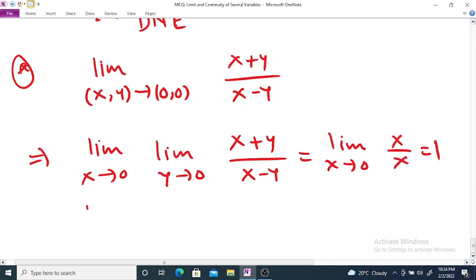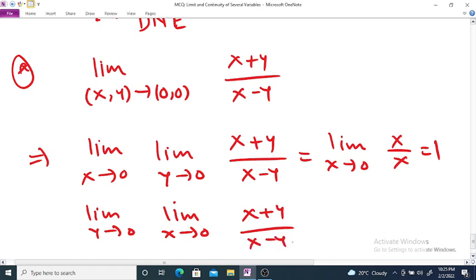And limit y tends to 0, limit x tends to 0, of (x plus y) divided by (x minus y) is equal to limit y tends to 0, y divided by minus y, which is equal to minus 1.